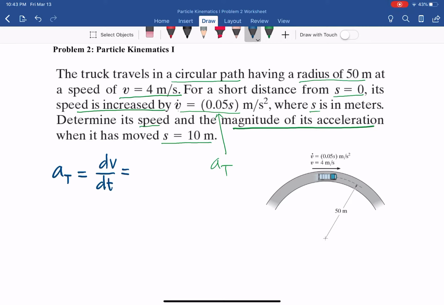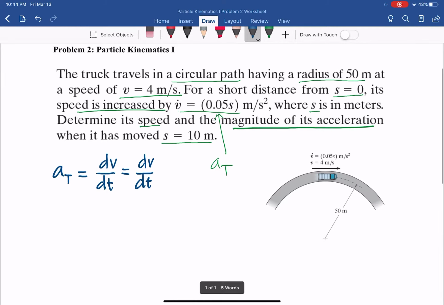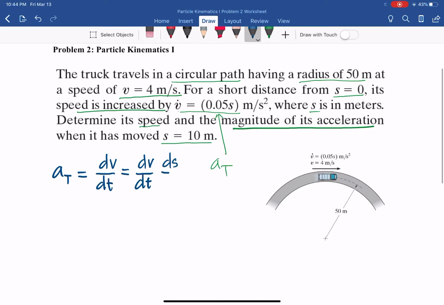So with that, we multiply the denominator and numerator by ds to introduce the distance s into the equation. And from that, I can have a_t equal to dv over ds, and then ds over dt.